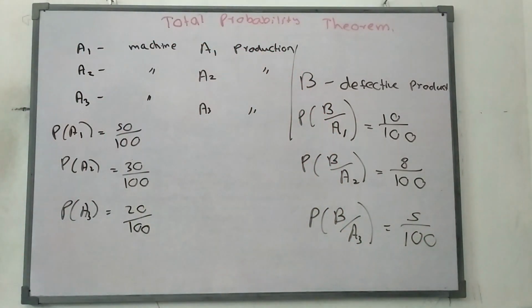So we need to calculate, when a piece of goods from this production is chosen at random, what is the probability that it will be defective?